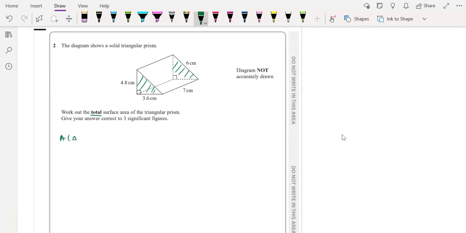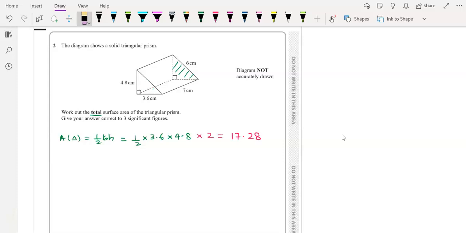The area of a triangle is half base times height. So it will be half times the base of the triangle, 3.6, and height 4.8. We'll multiply it by 2 to get the area of both triangles. Putting this in the calculator gives us 17.28. So we have the area of the two triangular faces.